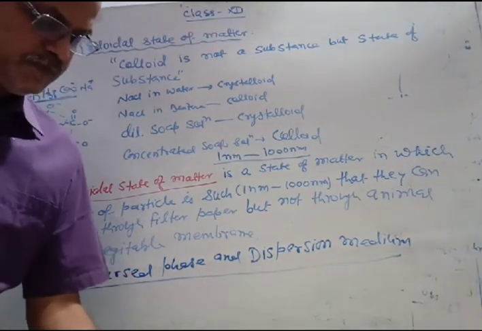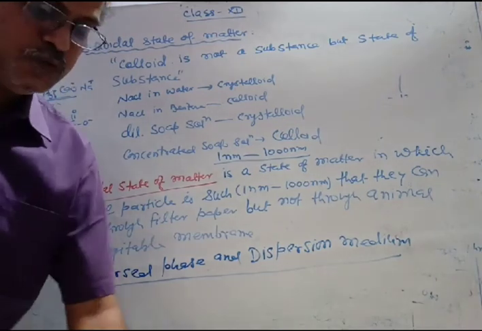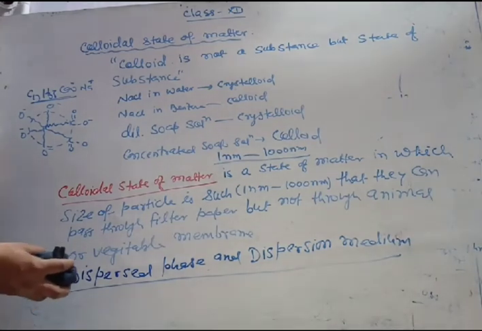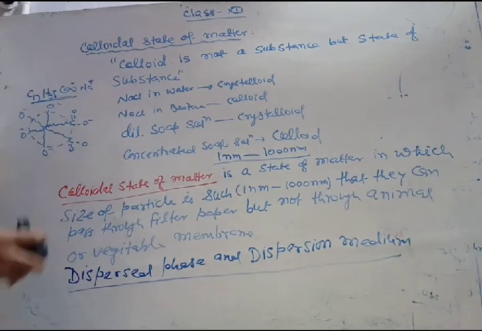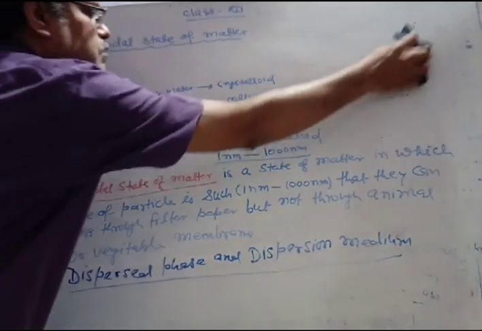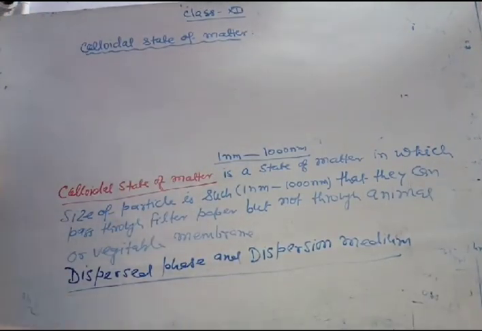In a true solution, if you take a binary true solution, one of the components is known as solute and the other is known as solvent. One more thing, the true solution is a homogeneous mixture, but the colloidal solution is not homogeneous, it is a heterogeneous mixture.